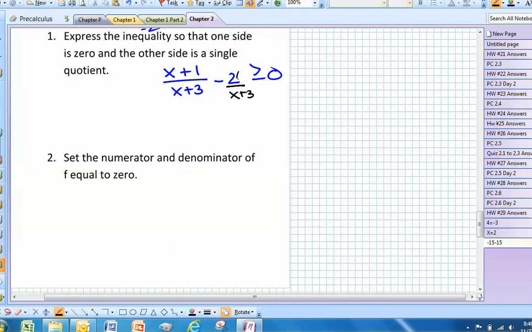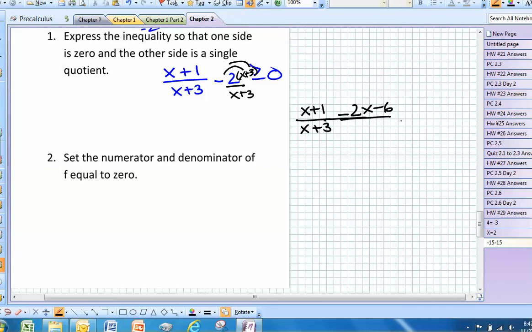This is x plus 3, so we have to multiply that by x plus 3 as well. And since it's a negative 2 when we distribute, we get negative 2x minus 6, and that's our common denominator.